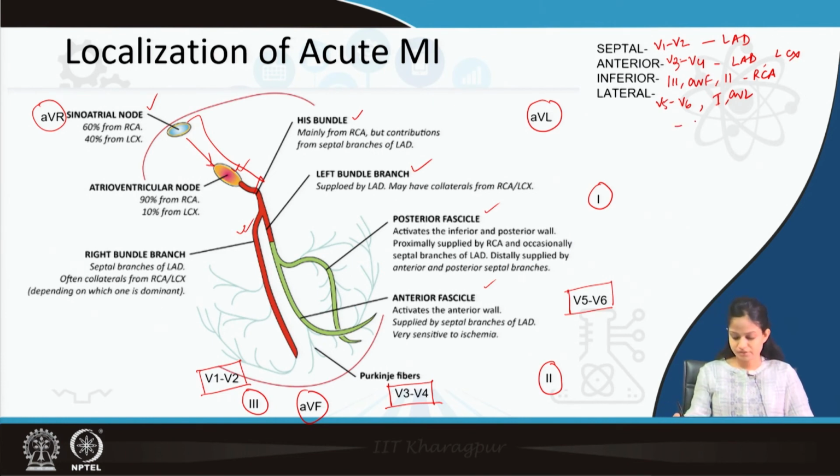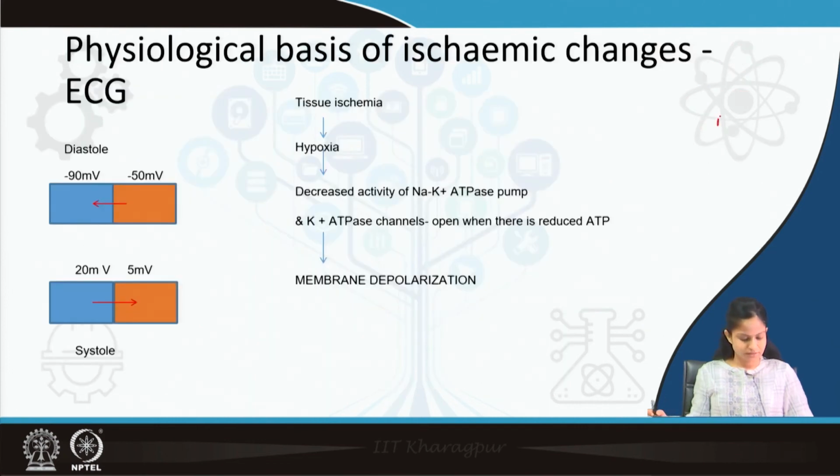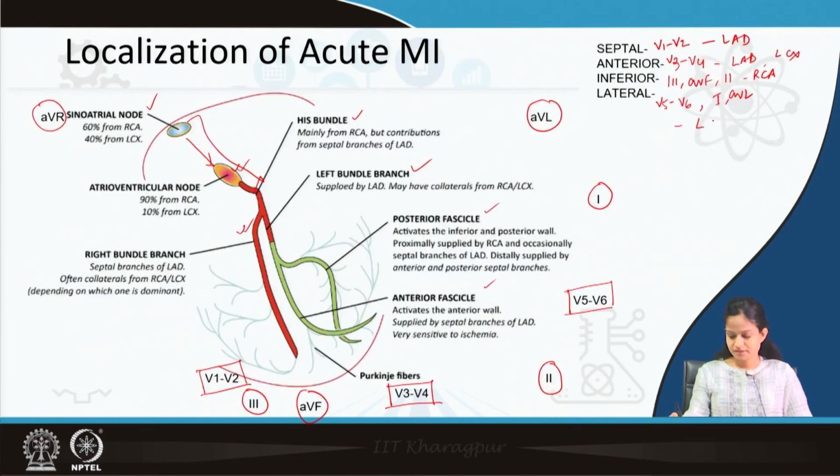This is also seeing the left anterior descending artery and some portions of the left circumflex artery. In this way we can find out the location of the MI and the reason, that means where the occlusion has taken place in the coronary artery.